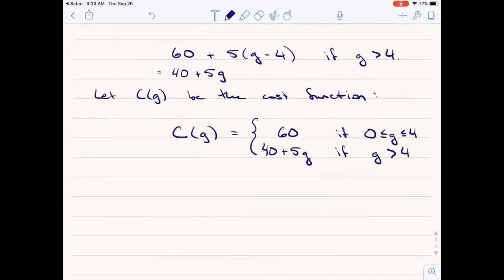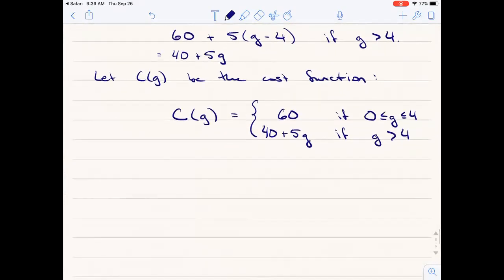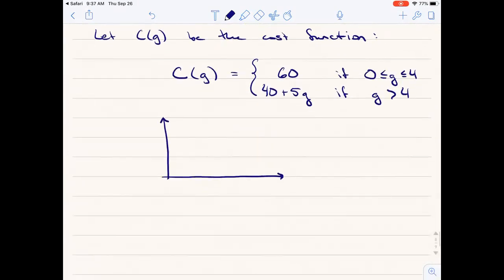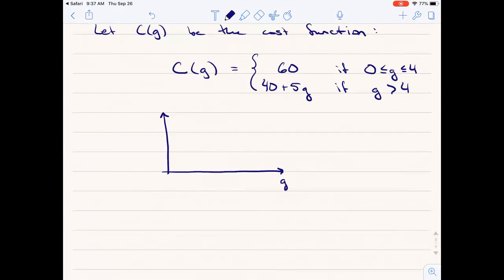Okay, so if we had to sketch this, our constant function, we already did, but let's do a proper one. I have G on the x-axis and C of G on the y-axis.